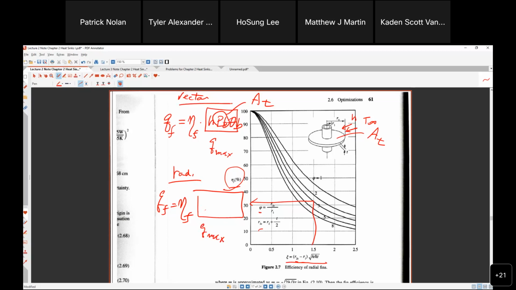This is a rectangular. This is a radial. It's a matter of area only. Only a matter of area. AP is for the rectangular. The radial is AT.